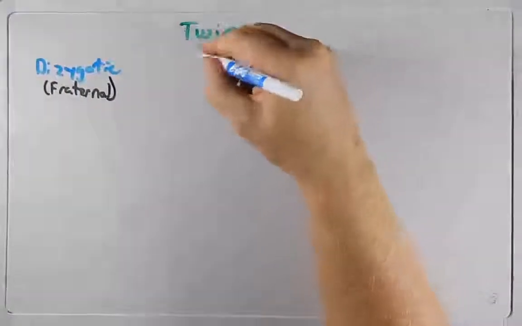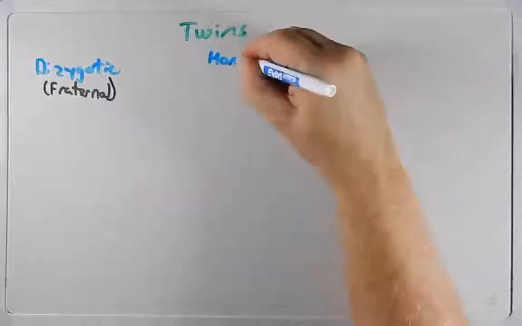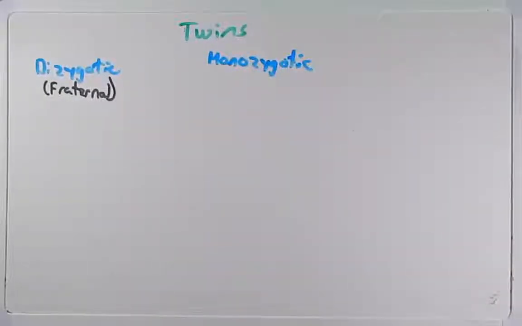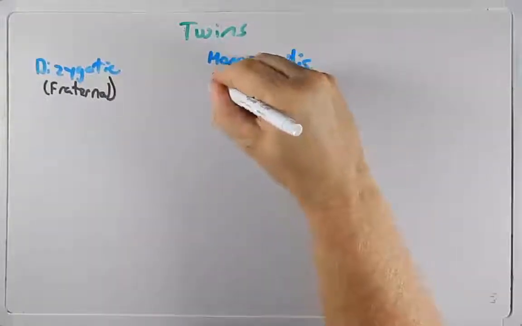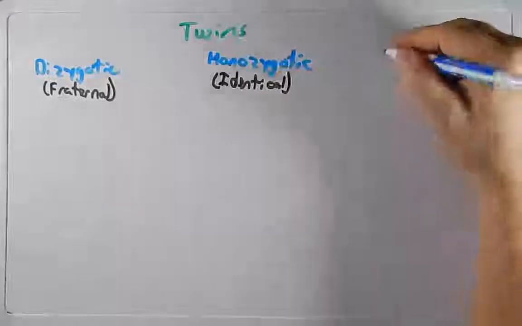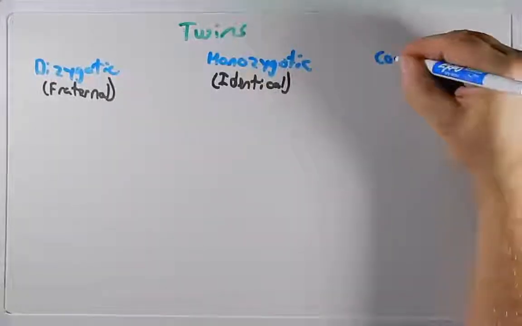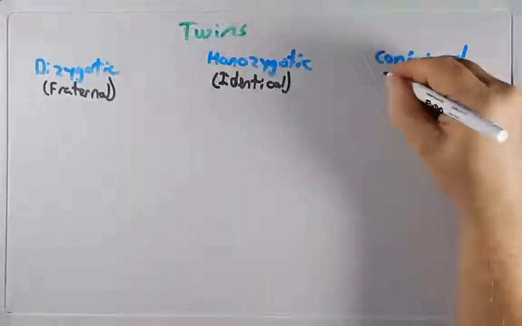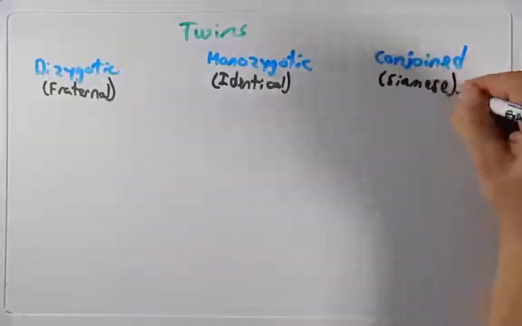The other type of twins I'd like to talk about are monozygotic, and these are commonly referred to as identical. And then the third type are conjoined twins, sometimes referred to as Siamese twins.